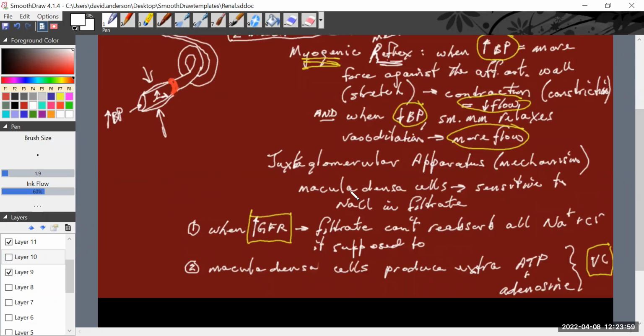The macula densa cells are sensitive to the osmotic concentration in the filtrate, particularly sodium and chloride. And if that concentration is too high, those cells get excited. And more ATP and more adenosine means vasoconstriction to slow down flow. We good with that?